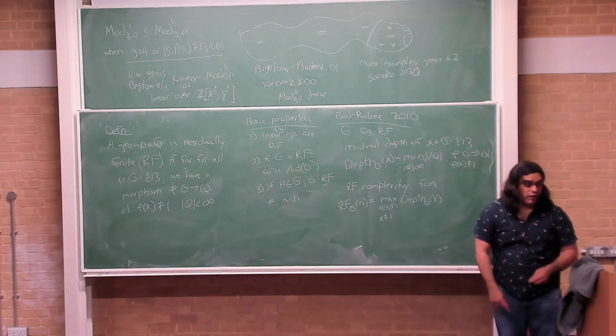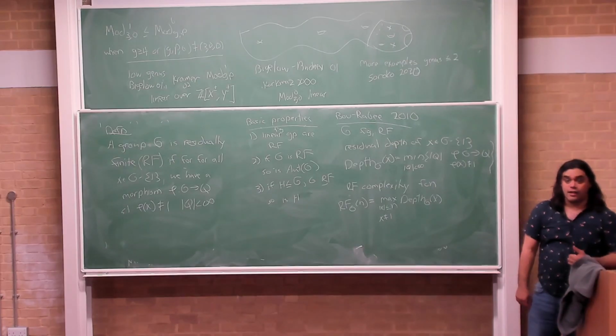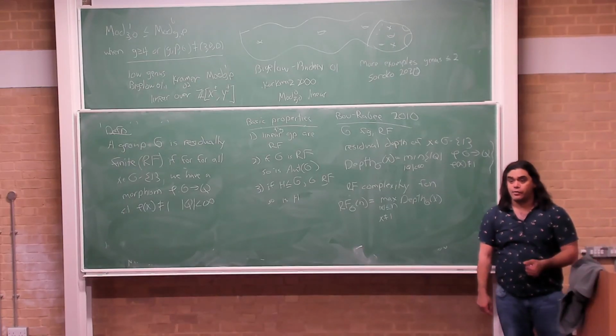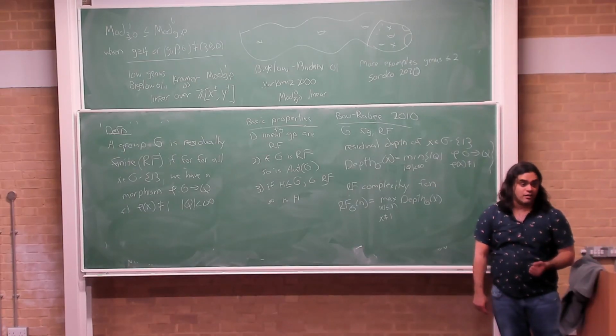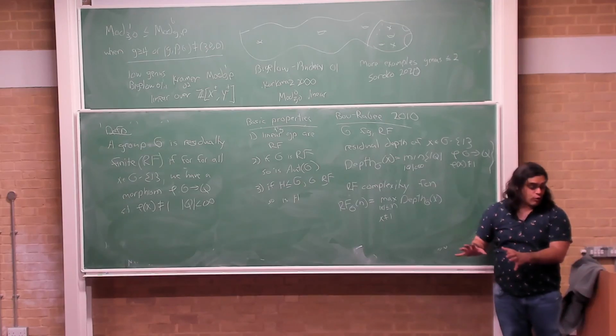Now, the exact function will depend on the generating set, but the growth rate up to pre-composition and post-composition by a constant will not. And we only care about the growth rate.